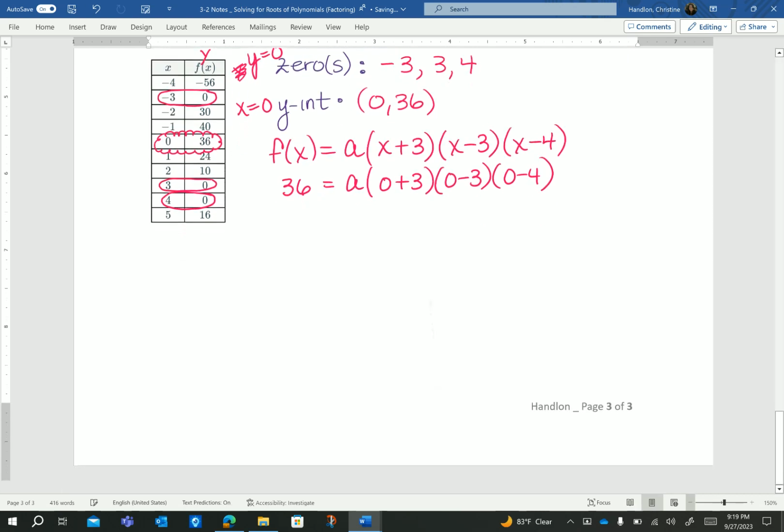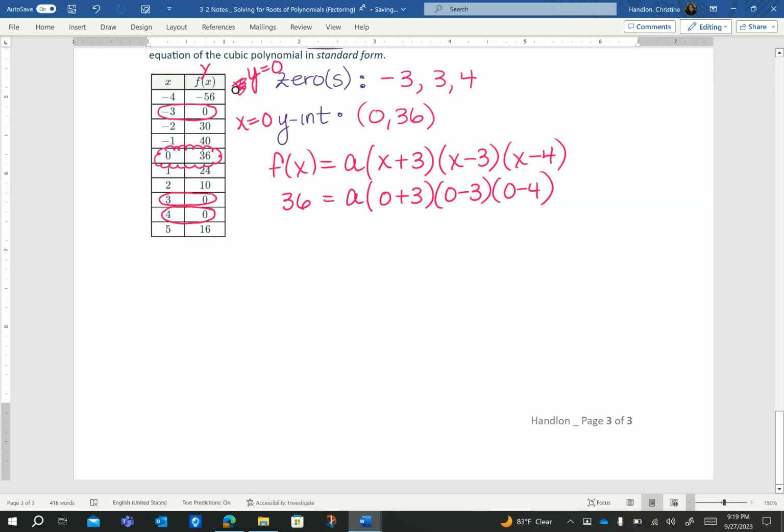So I plugged in my y-intercept, and now it's just simplifying. 36 equals a, 3, -3, and -4. So what's 3 times -3? Well, 3 times -3 is -9. And then -9 times -4 is 36.